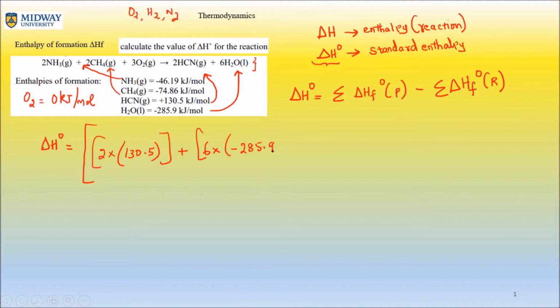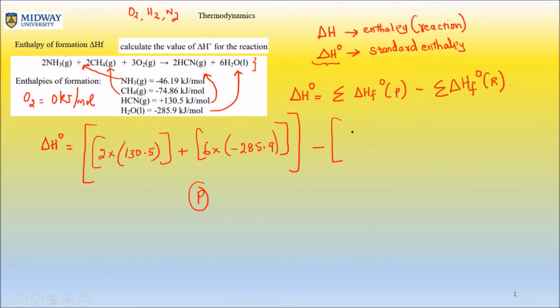It's necessary you put enough brackets. This is the product side. You see, I did not put the mole here because it has confused some students in the past. Instead, keeping it generic and then adding components seems to work better. So don't forget the 2 and the 6. So we're starting with products minus.